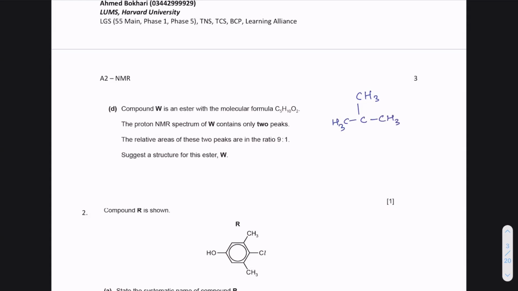That's the only possibility I can think of जिसमें 9 hydrogen एक तरह हो. And then I have something with 2 oxygen and 1 remaining hydrogen. That's carboxylic acid. There you go. ये बन गया structure. So I'll write as (CH3)3COOH.